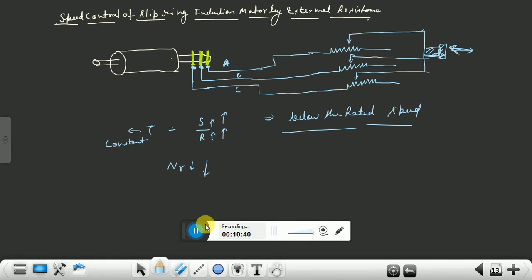Basically in this method, when we add external resistance, our winding resistance increases. Winding resistance increases means our copper losses increase.